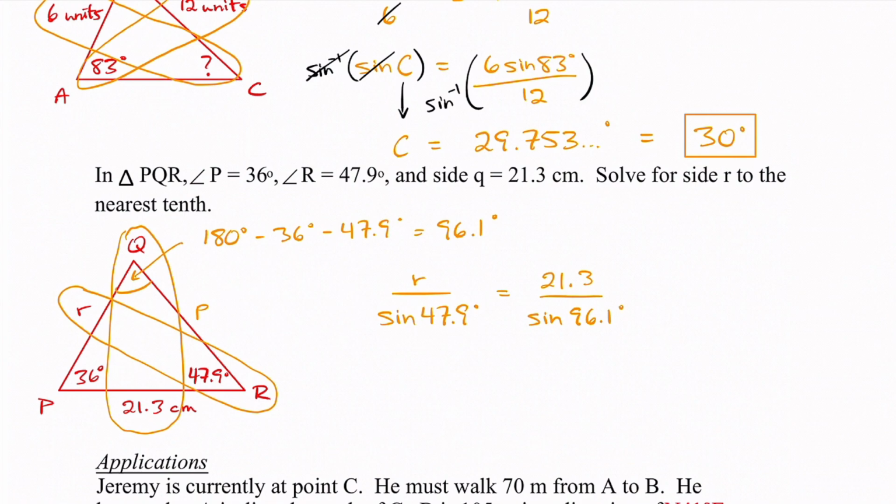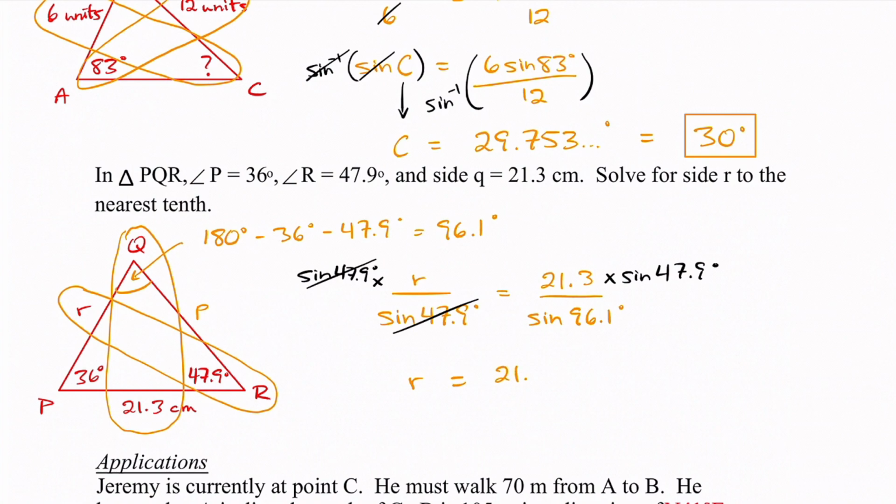And then all I've got to do is isolate this r, and I'll have what r equals. So I've got to multiply on both sides by sine 47.9 to get rid of that. So multiply by that, 47.9 degrees, and do the same on the other side. Sine of 47.9 degrees. These two will cancel, and then r is the only thing coming down.